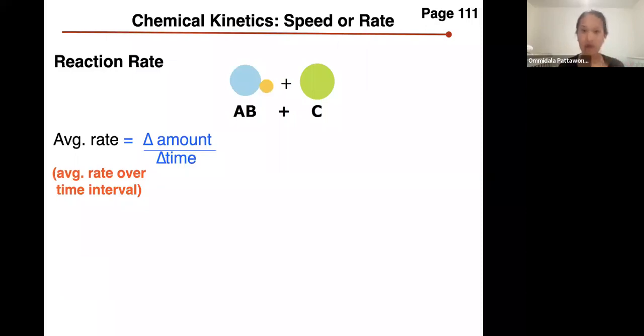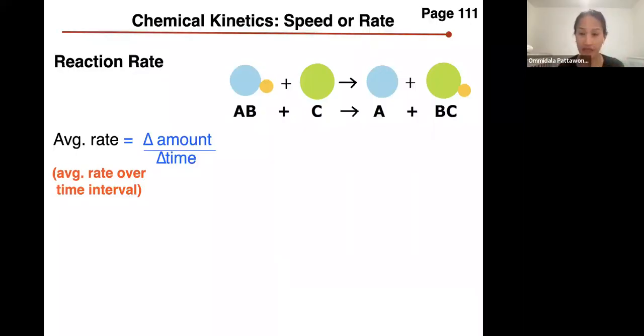If they react together, let's say it yields A and another species, the molecule BC. That means if you want to determine the average speed of this reaction, you can look at the change in the amount of AB, or the change in the amount of C over time, or the change in the amount of A over time, or the change of BC over time.